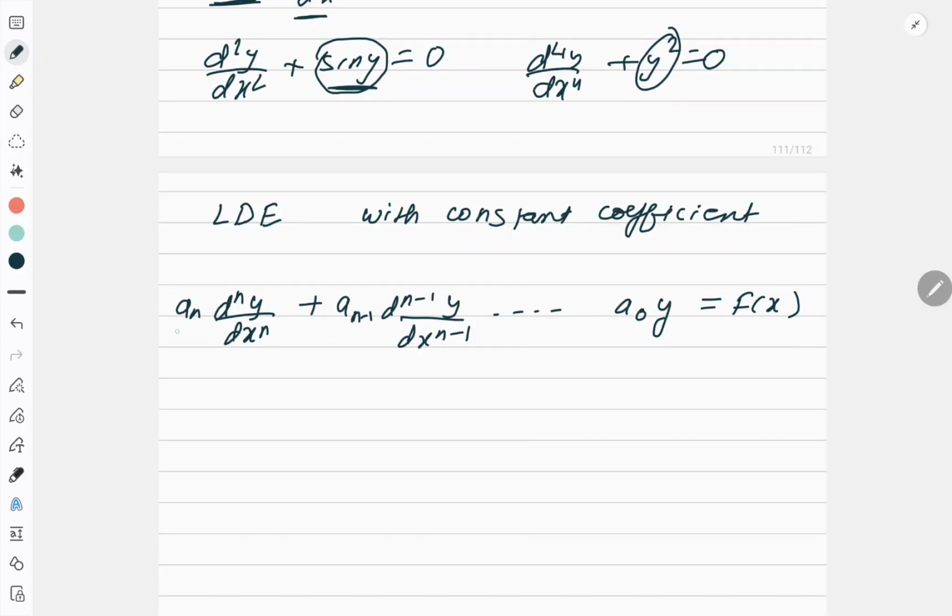Here these a's are all constants, and then it is simple y, derivative, derivative. So it is an nth order differential equation which is linear in nature. Now, based on the value of f(x) I can say this is homogeneous or non-homogeneous. If f(x) is equal to 0, it is called homogeneous.